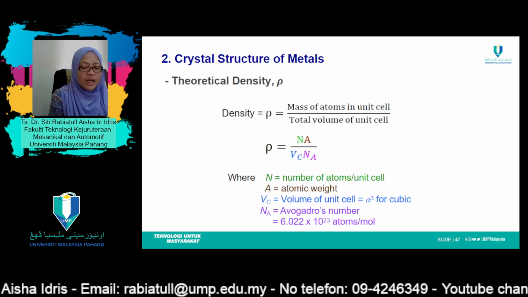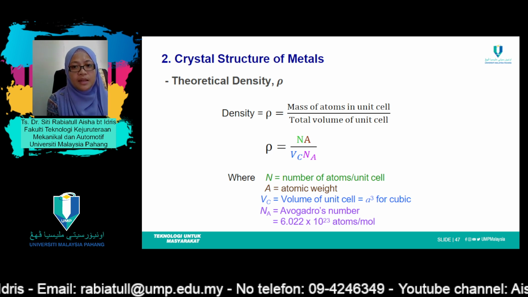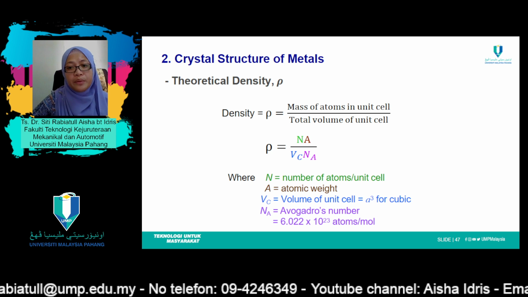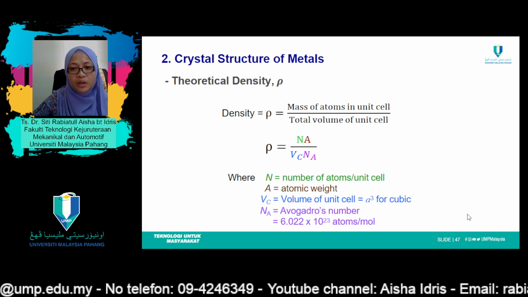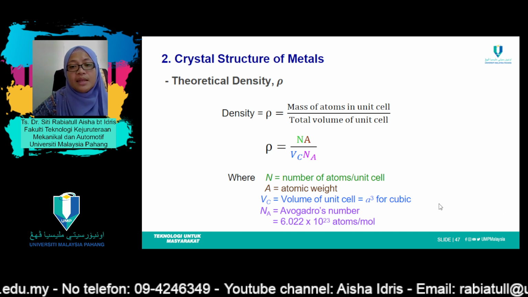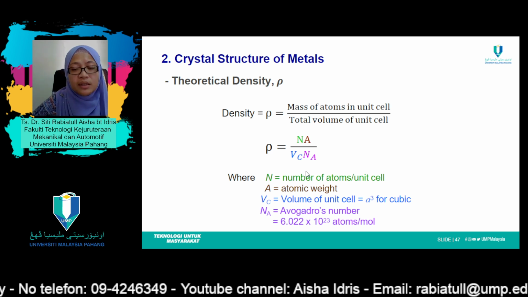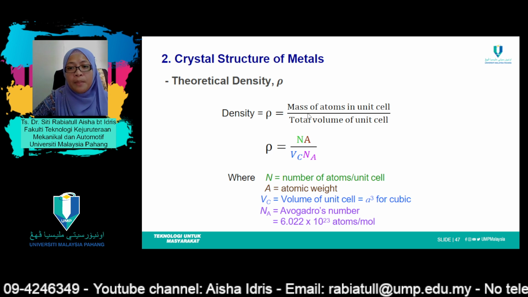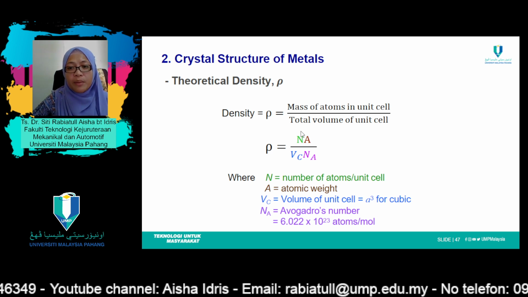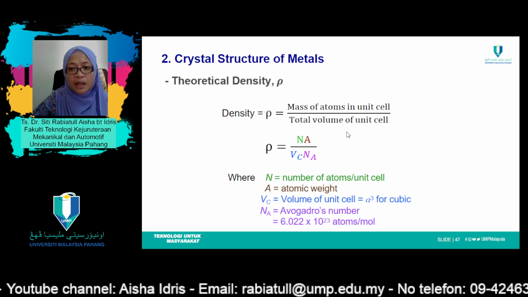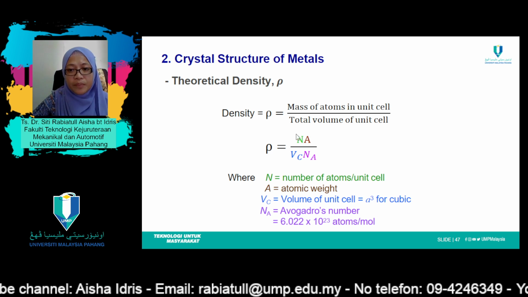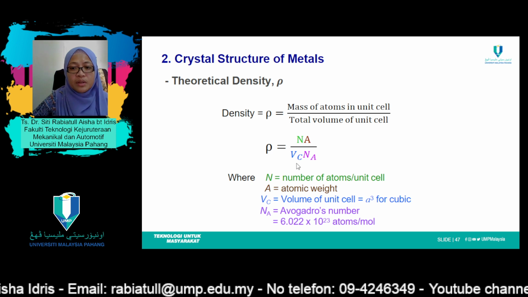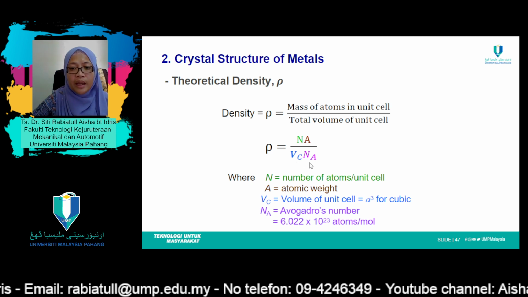Okay, another part that you need to know is the density of the crystal structure, and this is the formula for the theoretical density for a crystal structure. Rho equals the mass of atoms in the unit cell divided by the total volume of the unit cell, which is nA over VC NA.